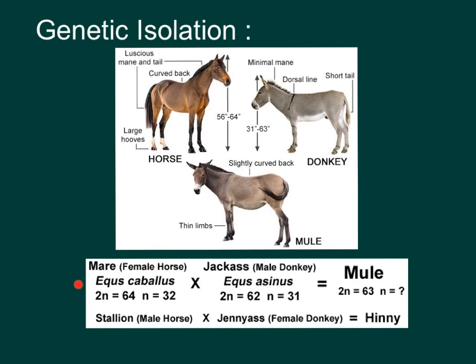Part of the reason for this is even though horses and donkeys can exist in the same areas, they have slightly different genetic numbers. You will notice that the N number for the horse is 32, giving it a 2N number of 64. In donkeys, the N number is 31, and its 2N number is 62. You'll notice that in mules, this means that the 2N number is 63, which means when you have meiosis, well, how do you get half of 63?